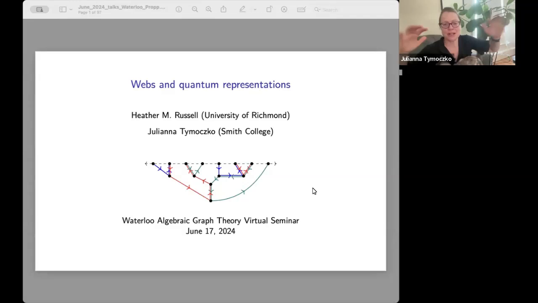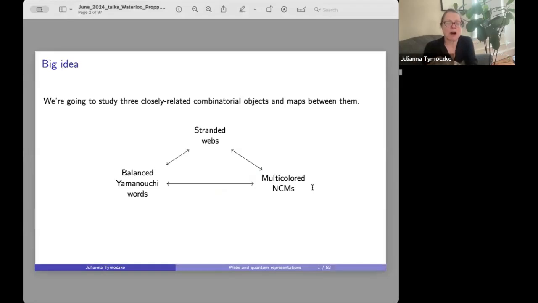They are a certain kind of labeled graph that talks about representations. I'm going to try to focus on combinatorial aspects. So these are three closely related combinatorial objects and different kinds of correspondences between them. One of those is the stranded webs.